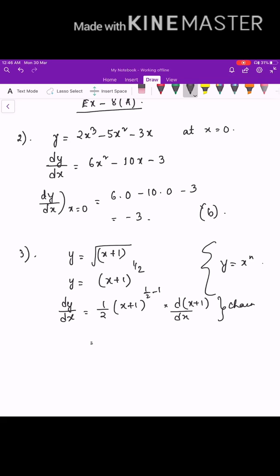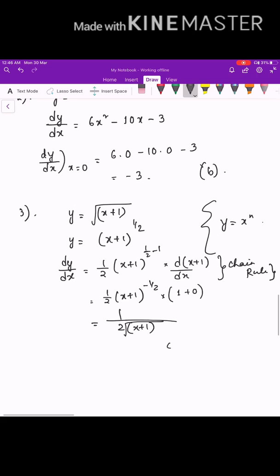Chain rule. So half into x plus 1 to the power half minus 1, into differentiate x plus 1 with respect to x, which is 1 plus 0. So 1 by 2 x plus 1 to the power half, or 1 by 2 under root x plus 1. Option C.